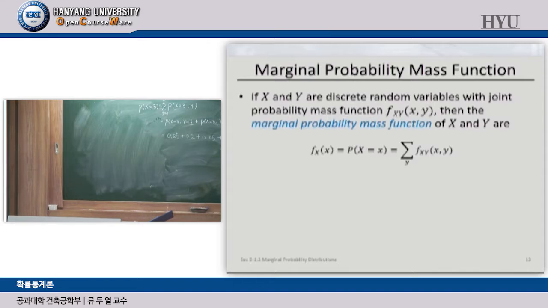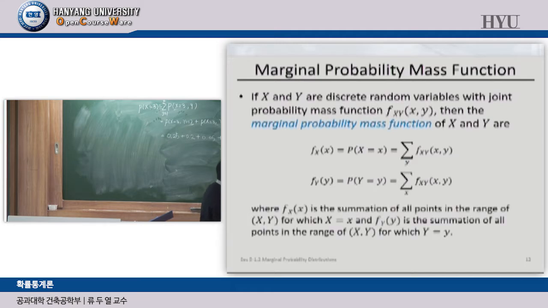And that should be equal to the summation over y of the joint probability mass function, okay? So the marginal probability of y is also expressed by the summation over x of the joint probability mass function.